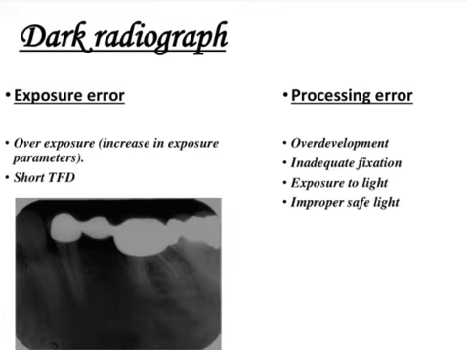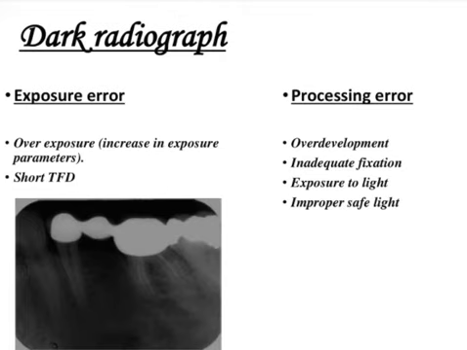Improper safe light. Safe lighting means that only the red light should be on in the dark room when you are doing the processing. If the white light is on or if there are any light leaks, it means that your radiograph is going to get exposed. It'll become darker or it is going to get fogged.